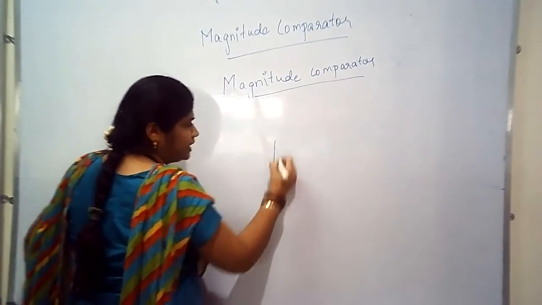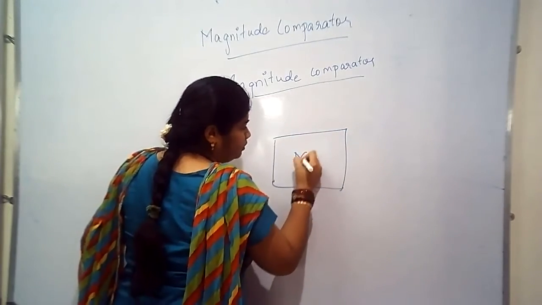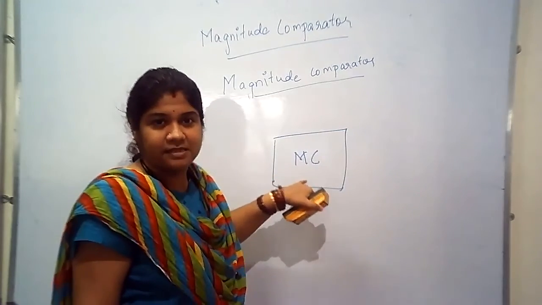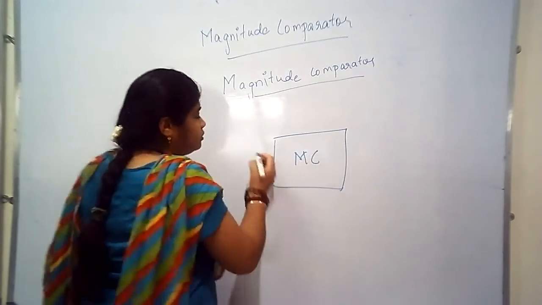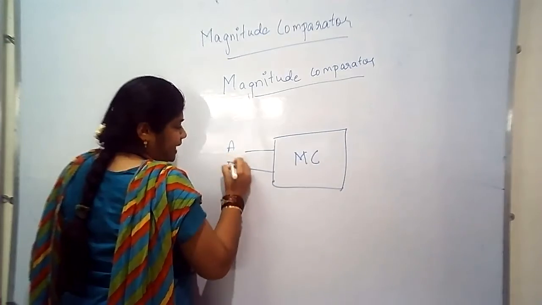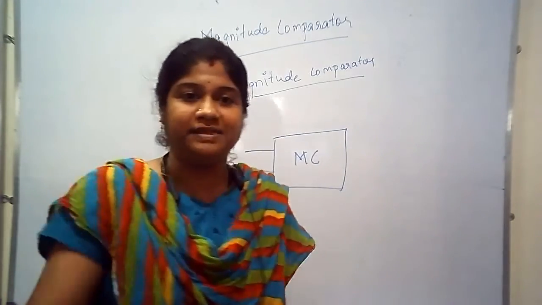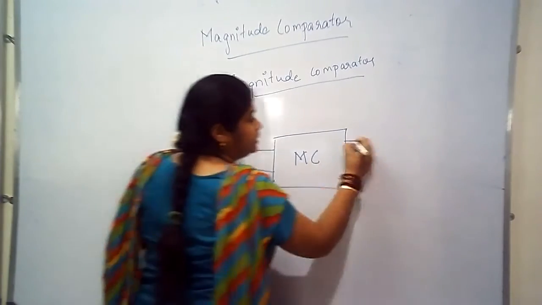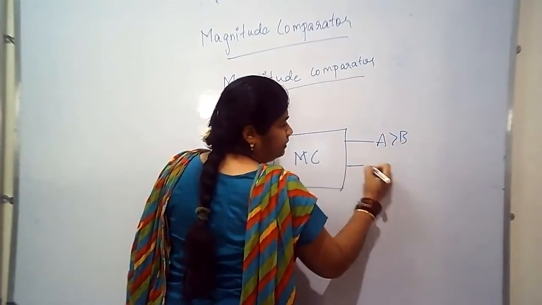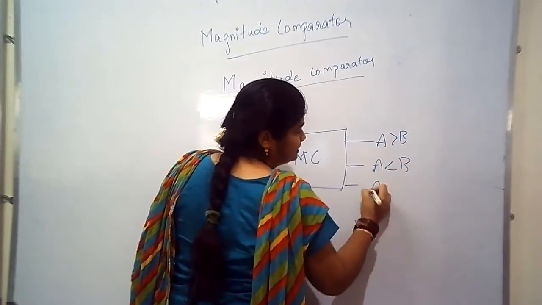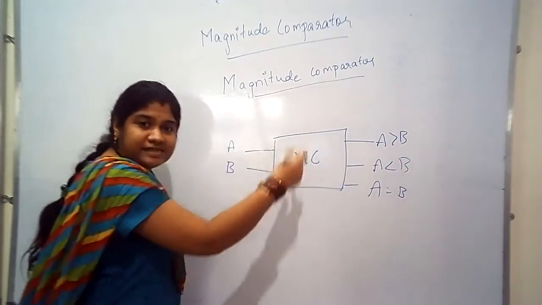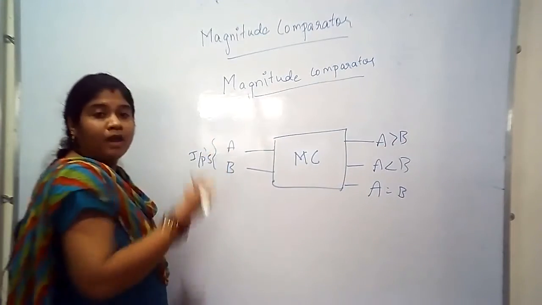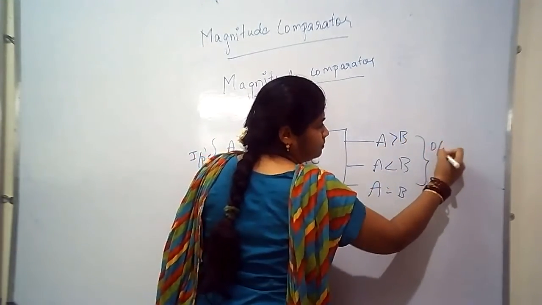This is a generalized block diagram of a magnitude comparator, which I will represent by M and C. If I consider the two variables A and B, I'll have three outputs: whether A is greater than B, A is less than B, or A is equal to B. If I consider this a processing system, these are the inputs and these are the outputs.